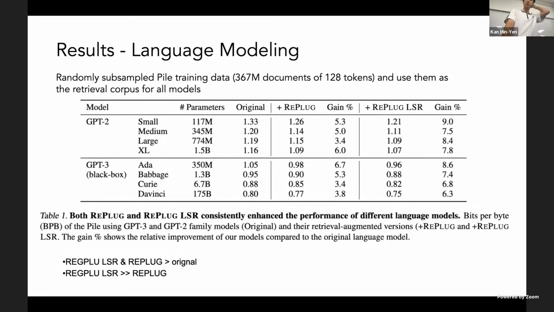The results also support their opinion: firstly, both the retrieval frozen one and the retrieval trainable one are better than the original, and the trainable one is much better than the frozen one by a larger margin. You can see the difference is almost 1.5 times or 2 times better.